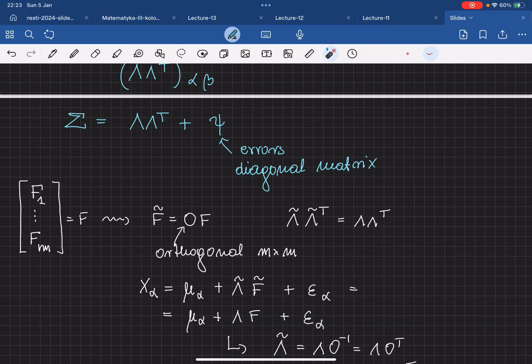There are several methods of extracting factors from the data, and since we are now accustomed to principal component analysis, we will discuss the procedure of extracting factors using principal components. So essentially, some of the principal components can be used as factors. They can also be additionally rotated.